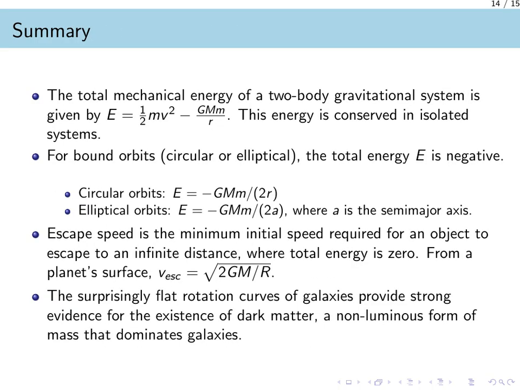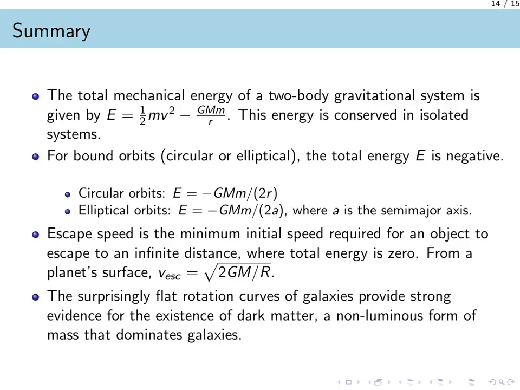Let us summarize the key energy concepts for objects in a gravitational field. The total mechanical energy of a two-body system is the sum of its kinetic and potential energy, given by E equals 1/2 mv squared minus the quantity GMm over r. For an isolated system, this total energy is conserved.